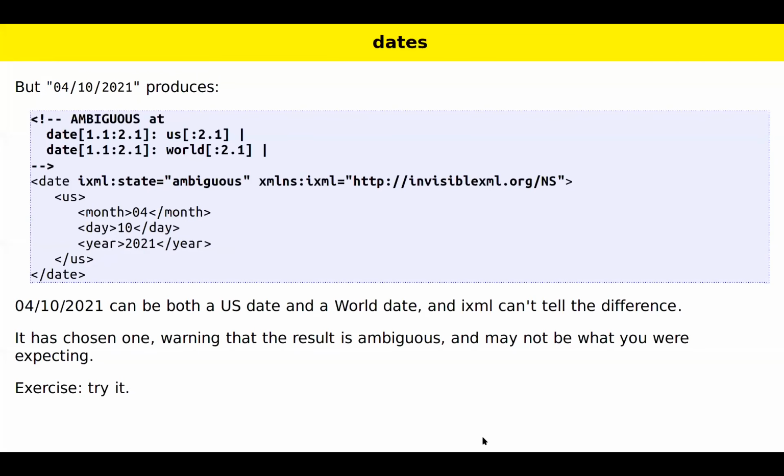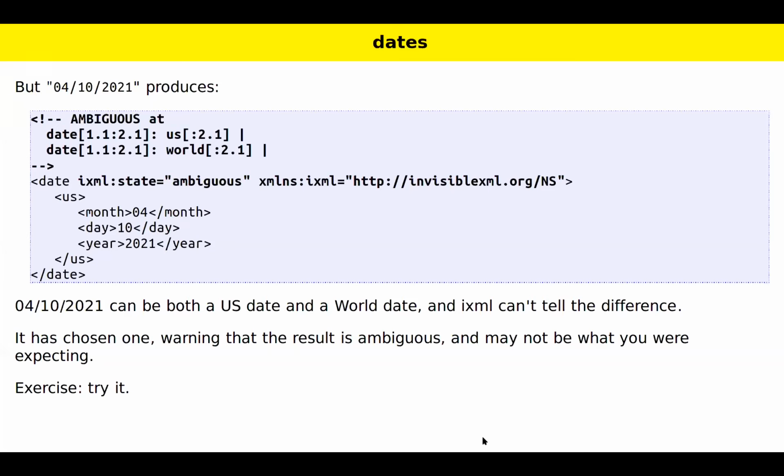But if we give it the 4th of November 2021, it's ambiguous because you can't tell which is the month and which is the day, and so you can't tell if this is a US date or a world date. So what ixml does, it says that it didn't know, it found two possible solutions in this case, and it's ambiguous between US and world.